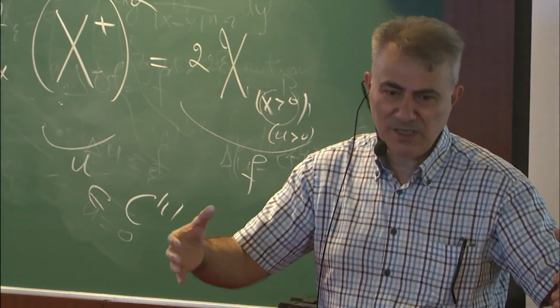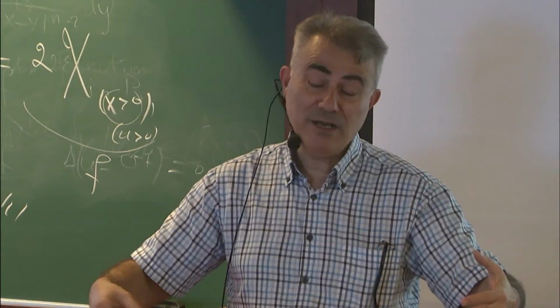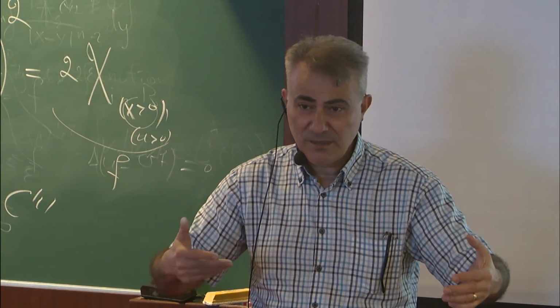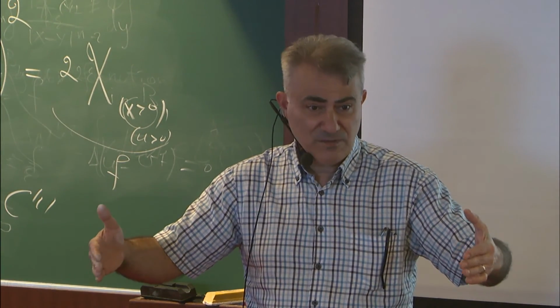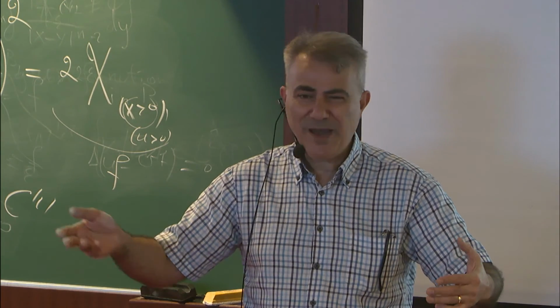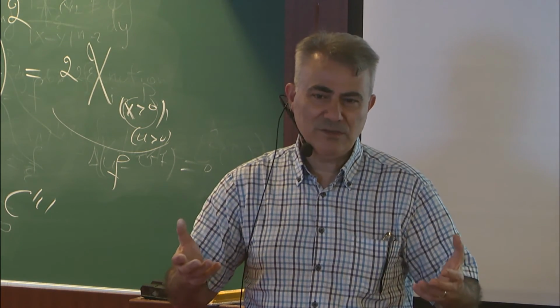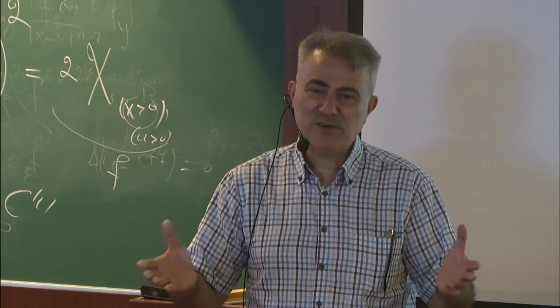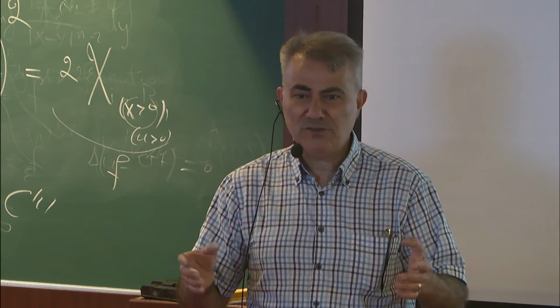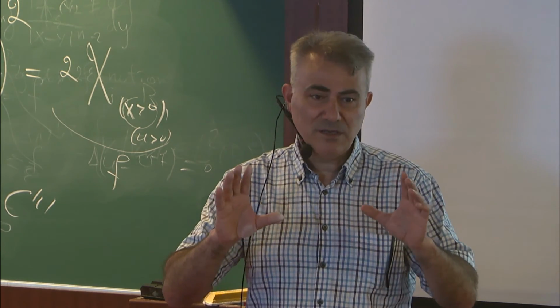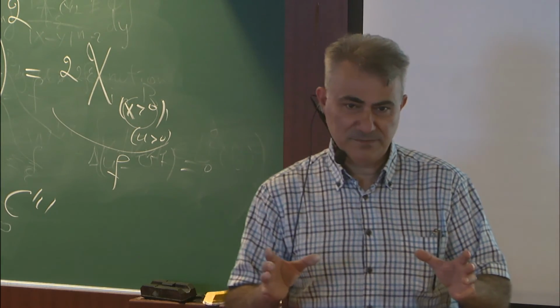So if you solve a PDE in a ball of radius 1, or in any domain omega for that matter, if you stay at a fixed distance from the boundary, the boundary data is not really affecting you in terms of regularity. It will affect you in terms of the norms, but not the qualitative theory.